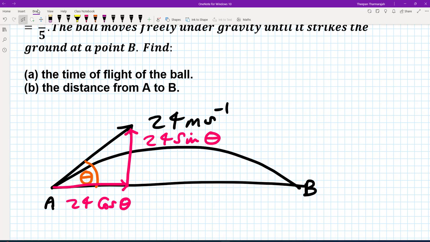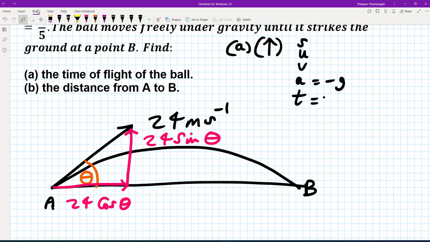Now we want to find the time of flight. So let's do a suvat taking upwards as positive. a must be minus g. It starts from the origin, there's an O here, and it comes back to the origin. Starts from 0 and ends at 0, so s is 0. u vertically is 24 times sine theta. But we know what sine theta is, so we can say 24 times 4/5.